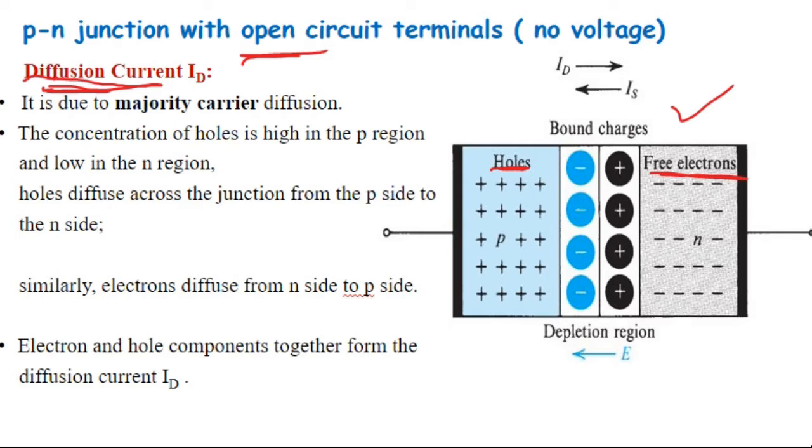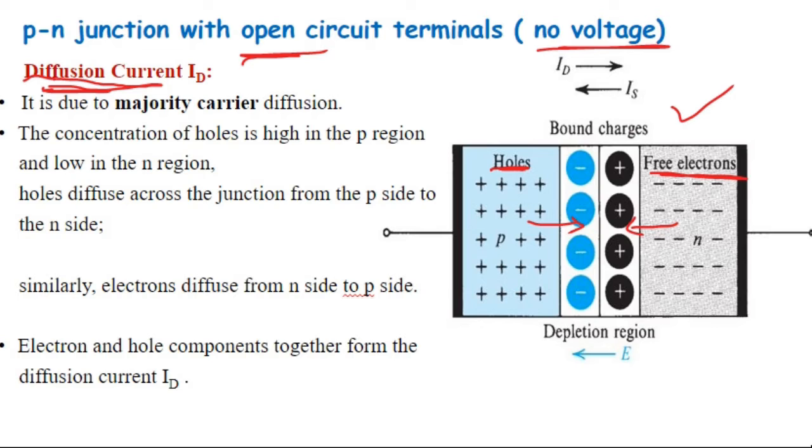So now what happens when there is no voltage? Your holes will move from a higher concentrated area to a lower concentrated area. So holes start moving towards the junction, crossing it and moving towards the N-type. Similarly, electrons start moving from a higher concentrated area, that is N-type, towards the junction and then towards the P-type.